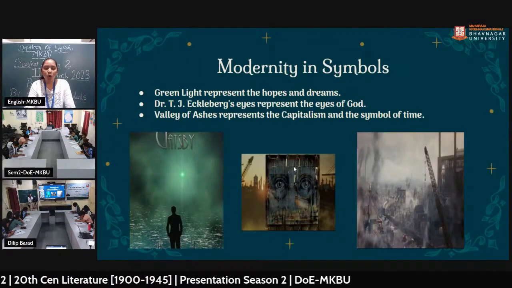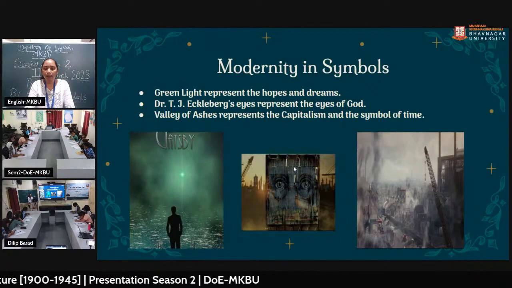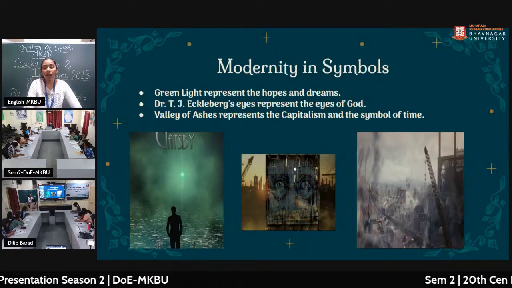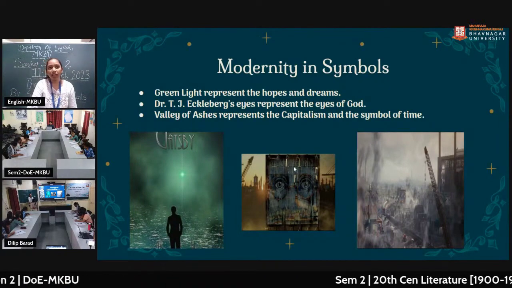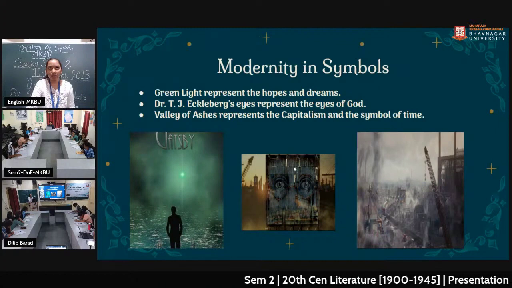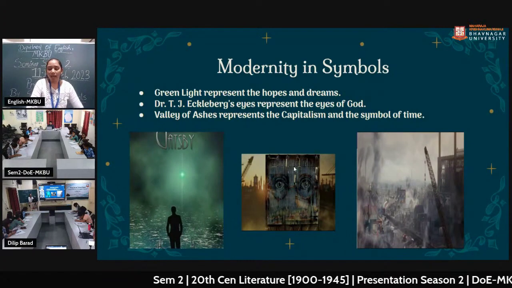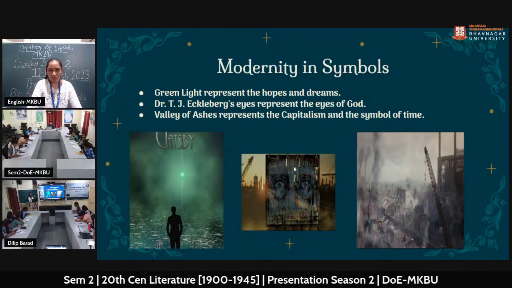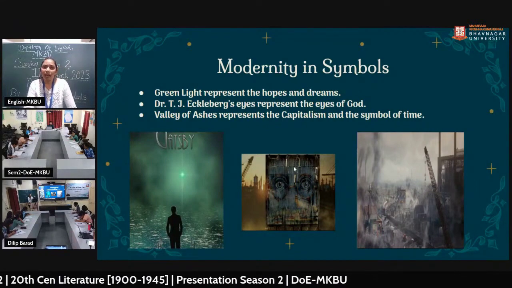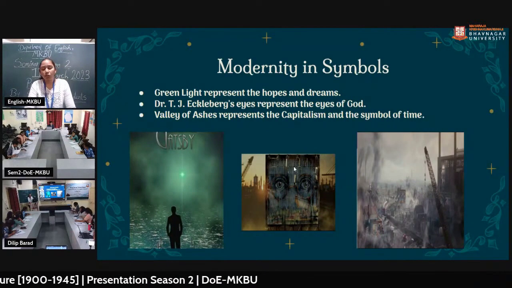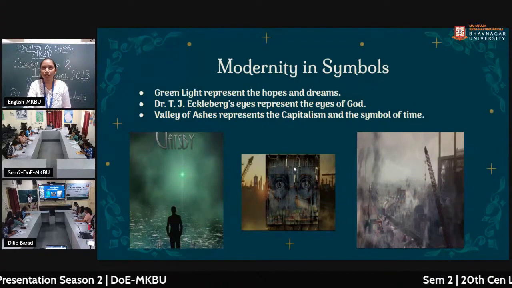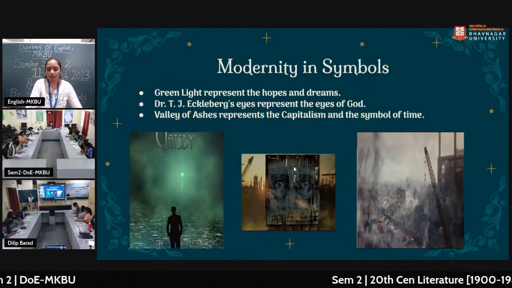The second one is Dr. T.J. Eckleburg's eyes, which represent the eyes of God. The eyes of God we can interpret as a camera in the present world. The camera captures all the things we do.